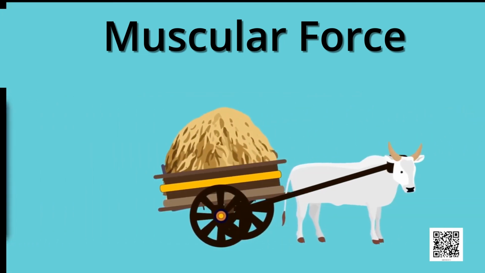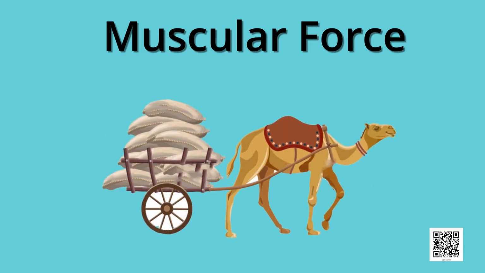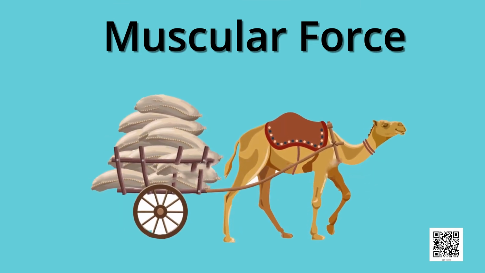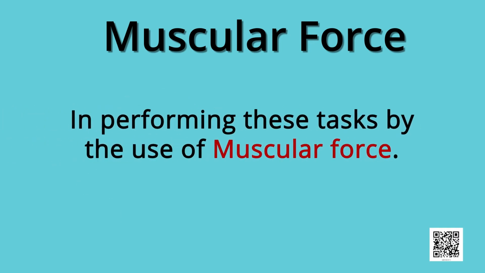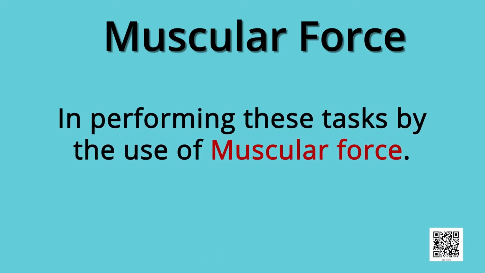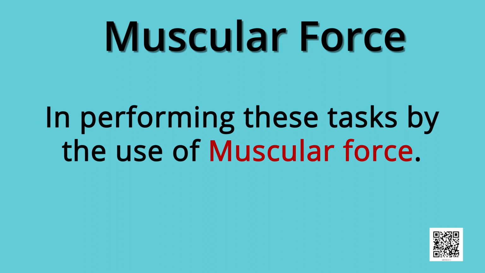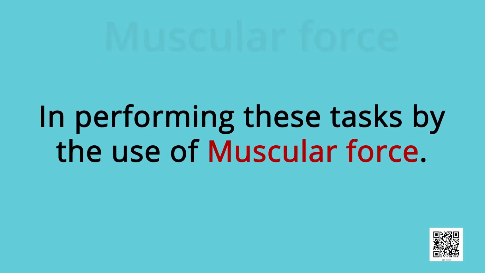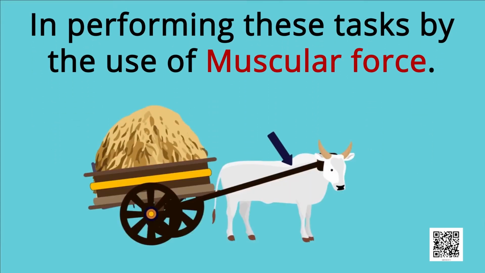Animals like bullocks, horses, donkeys and camels are used to perform various tasks for us, by the use of muscular force. Since muscular force can be applied only when it is in contact with an object, it is also called a contact force.